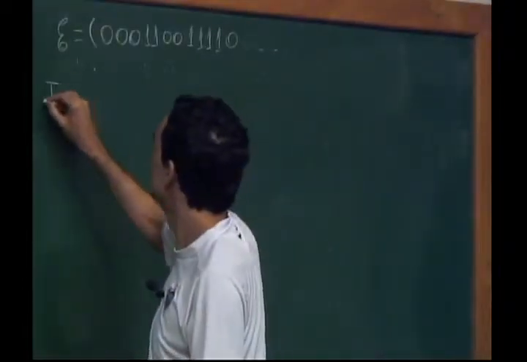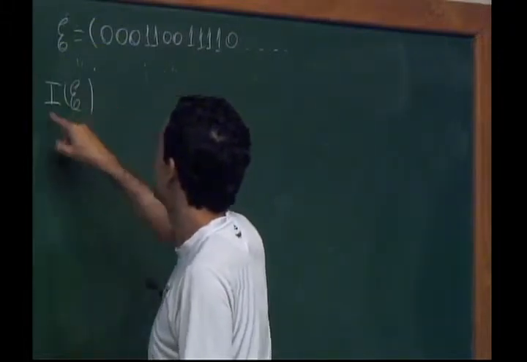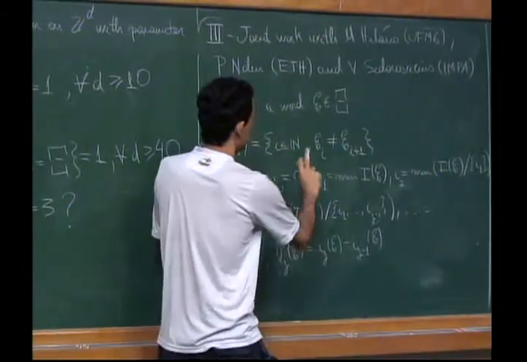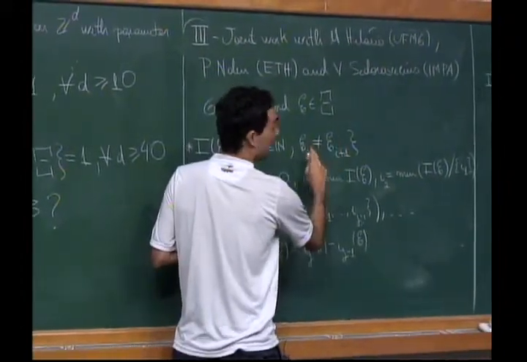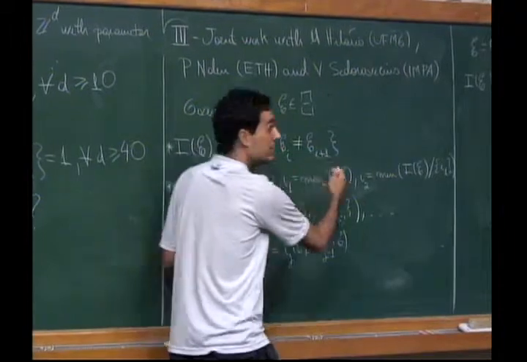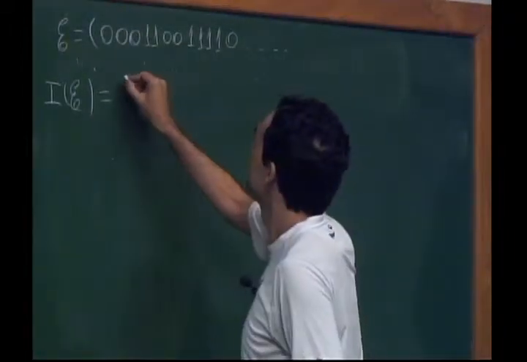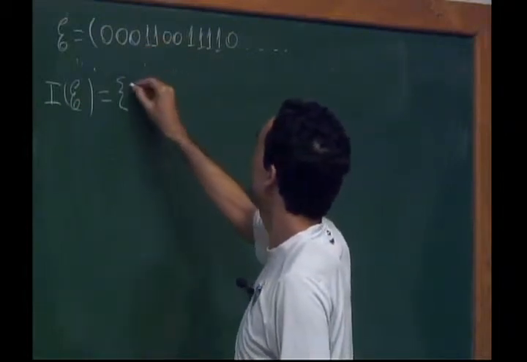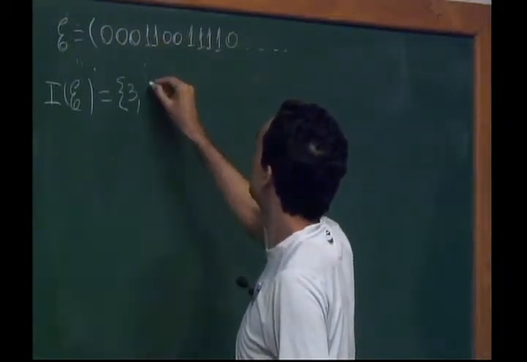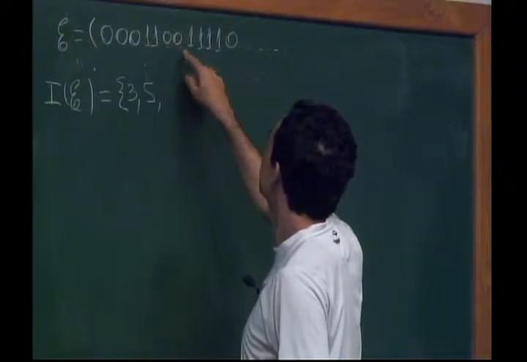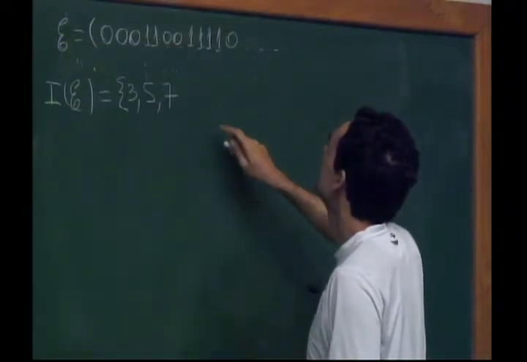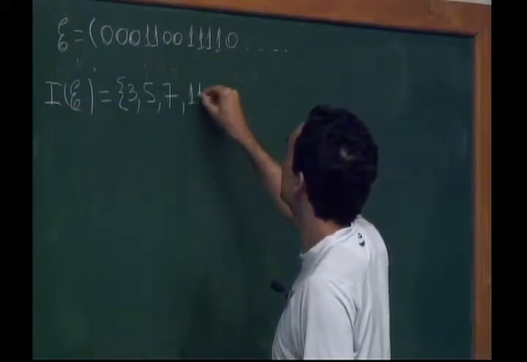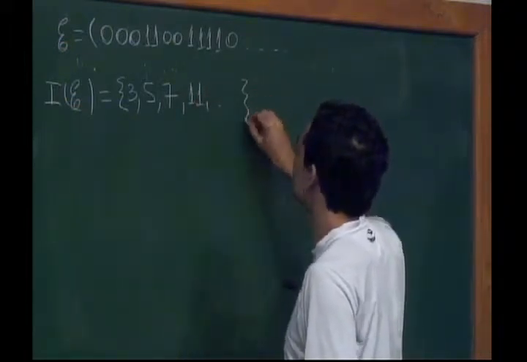Then what is the set capital I? Capital I is the set of the indices where my word changes from 0 to 1 or vice versa. It is 3, 5, 7, 11, and so on.